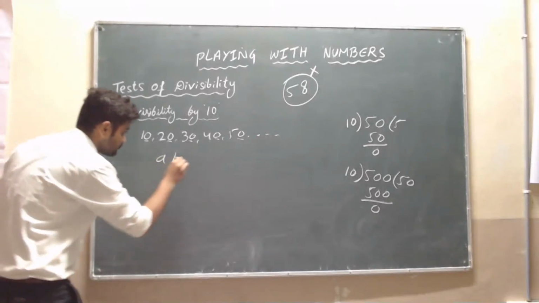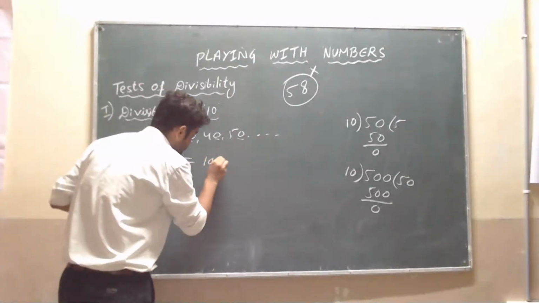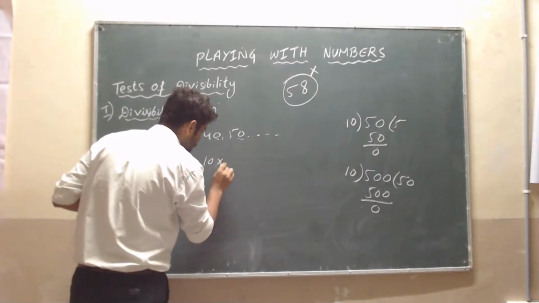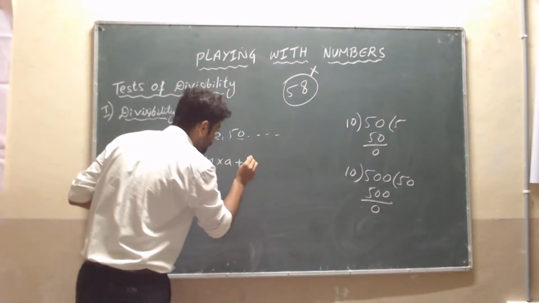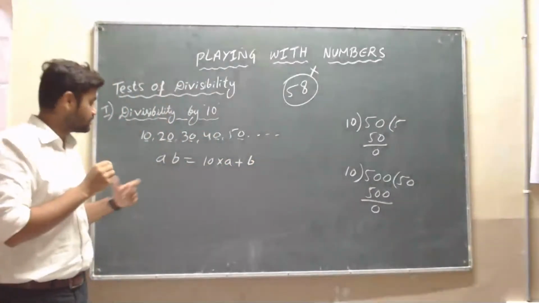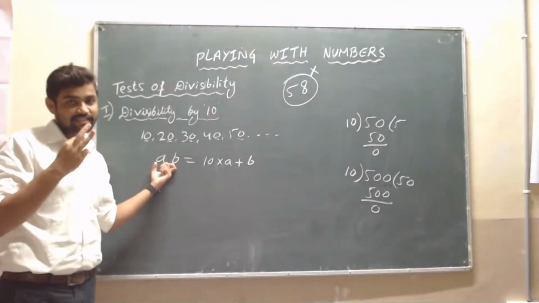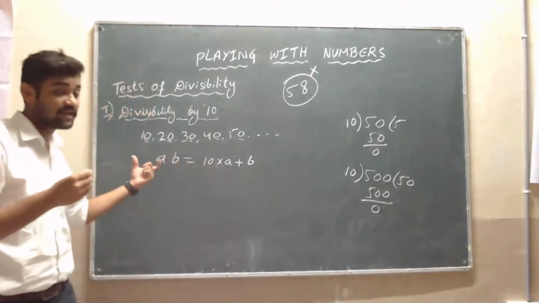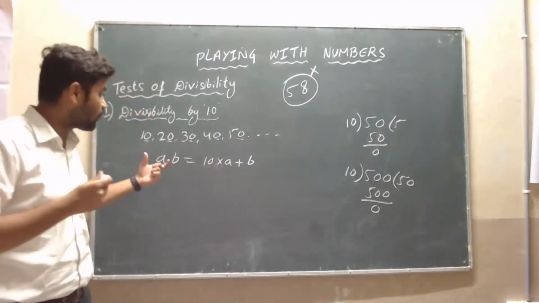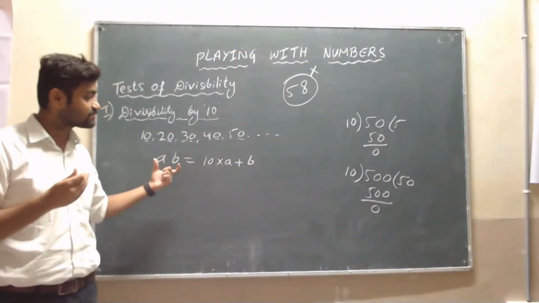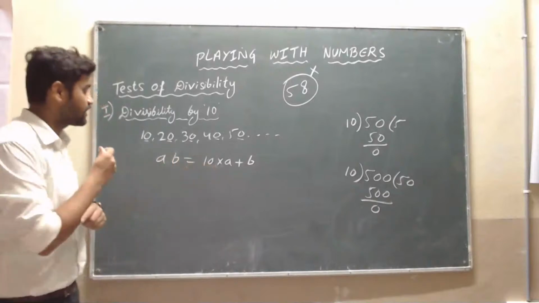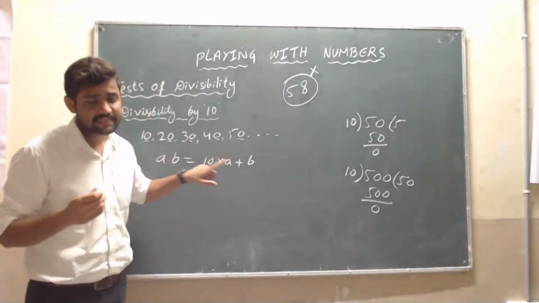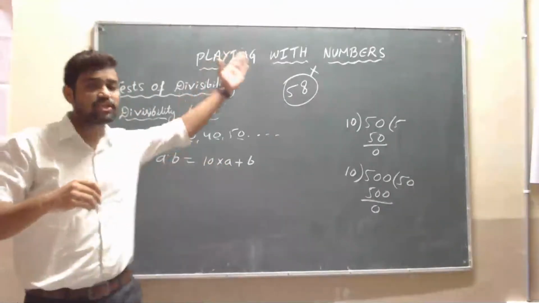That is 10 into A plus B. Do you understand? This is the expanded form. I am explaining by rule, you need this for further studies. Some examples are very important. A is a single digit number from 0 to 9.